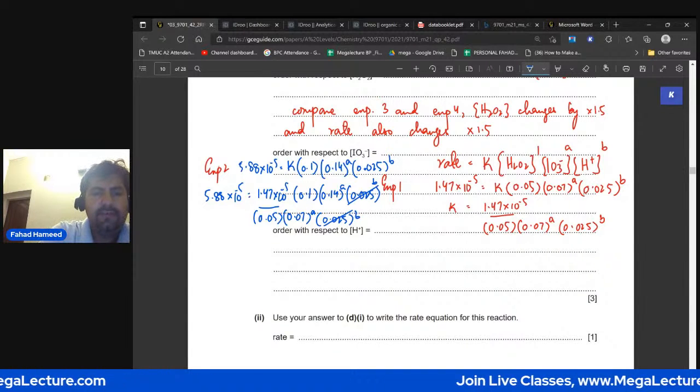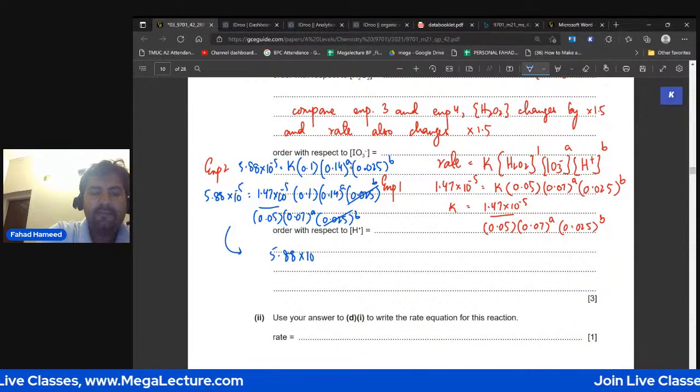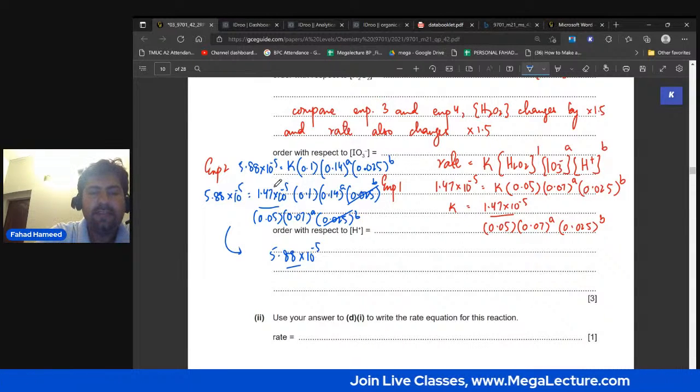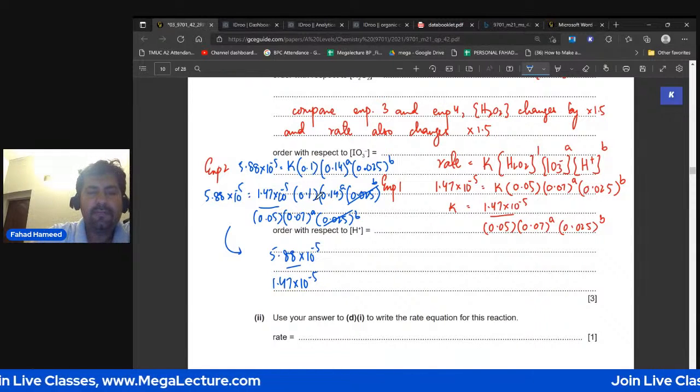So all I need to do now is rewrite this expression. If I rewrite this expression, it's going to be 5.88 times 10 power minus 5, divided by, taking this to the other side, 1.47 times 10 power minus 5, and then there is 0.1.